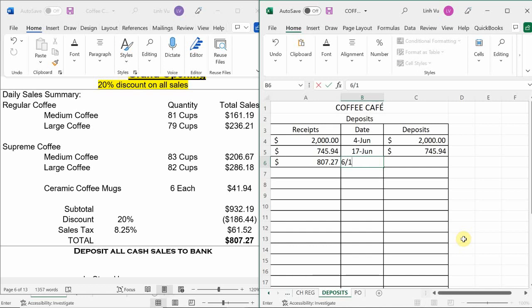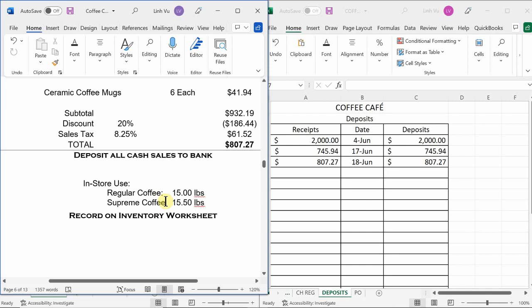And we're going to assume this is the end of the day, which it is. As I mentioned to you guys, sales are always done at the very end of the day. So therefore, we are going to deposit $807.27 into my checking account.